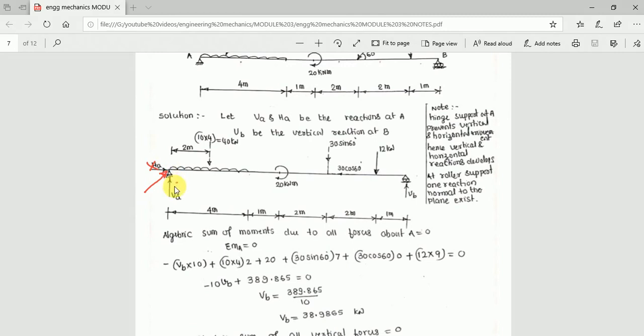Instead of these two, if I apply one, this itself is the resultant support reaction RA, making some angle. Write down those values, 27 point something. In this manner, this support reaction is acting here.